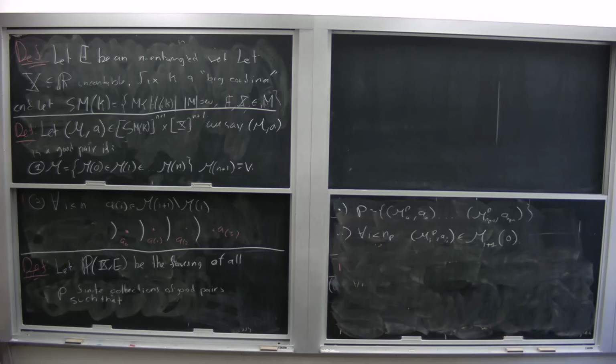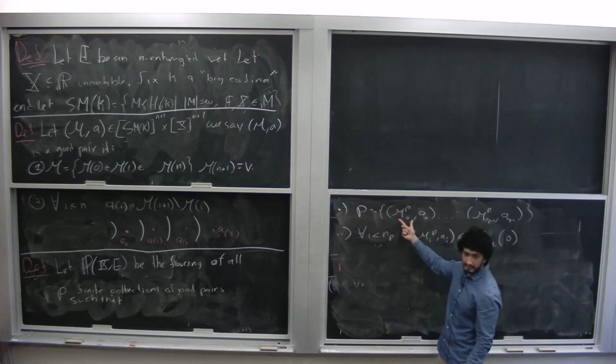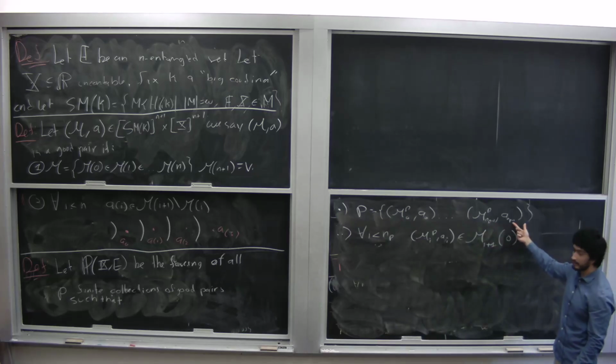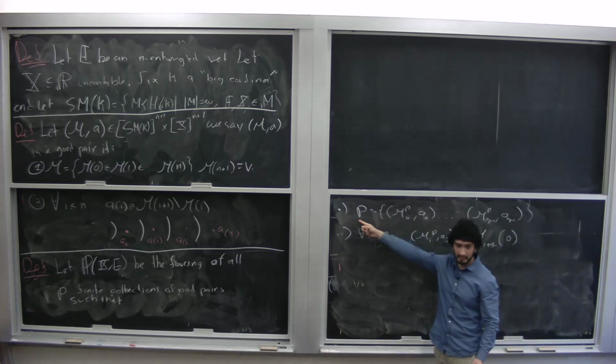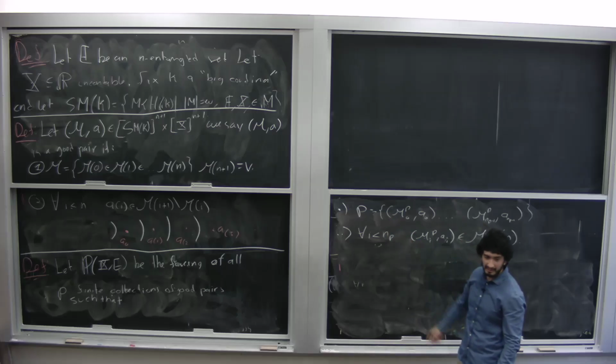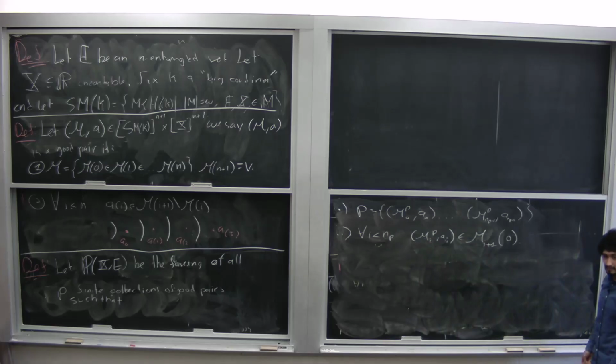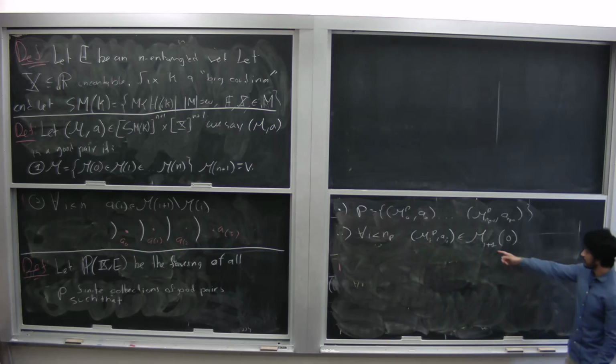No, this p is a collection of good pairs, and those are the conditions of the family. This is a single condition. It's ordered, so it's a set, ordered by index. If i is equal to n_p minus 1, there you get script M_{n_p}. Oh, but that's V, I guess. Yes. Whenever something doesn't make sense, it's V.